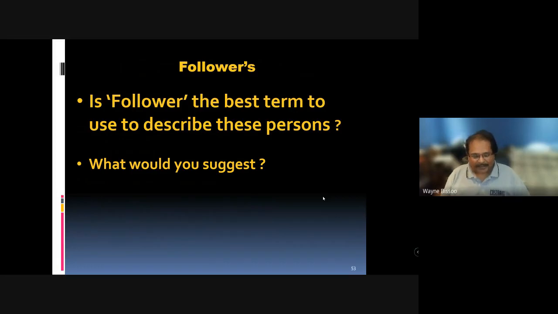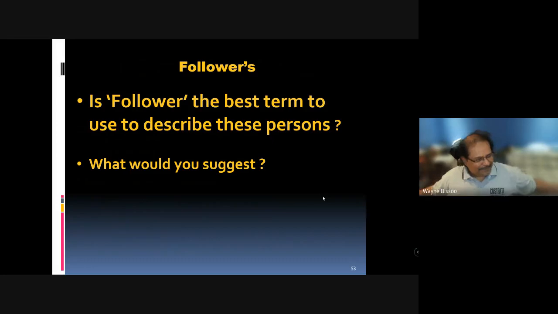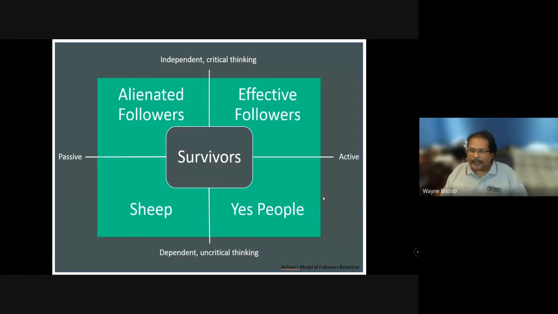But what you're trying to escape from is the concept that followers sound like sheep. And that's one of the things you want to try and get away from. These are my supporters. These are my team players. That's why we refer to them as my associates, that kind of thing. We give a different kind of suggestion to the level of importance. All right. Okay. So then you have this here.